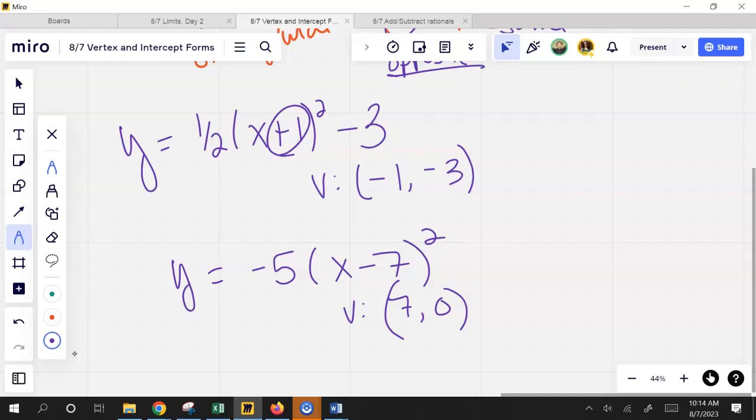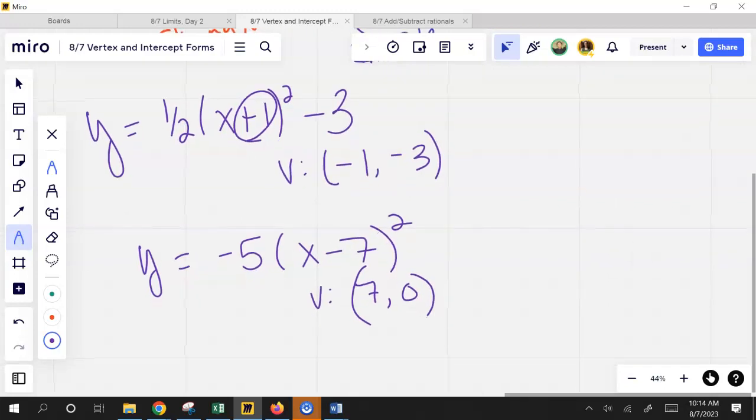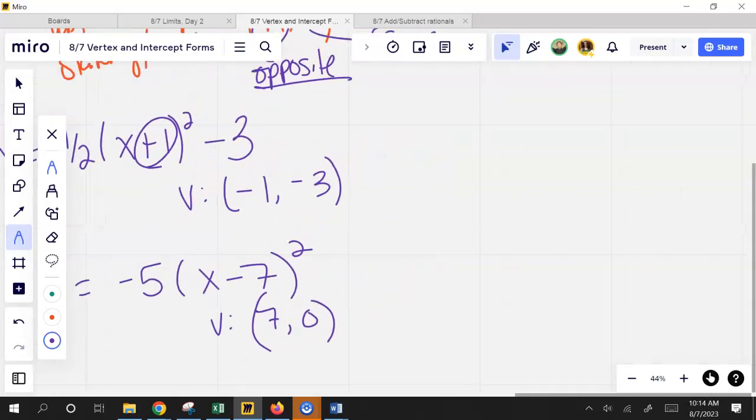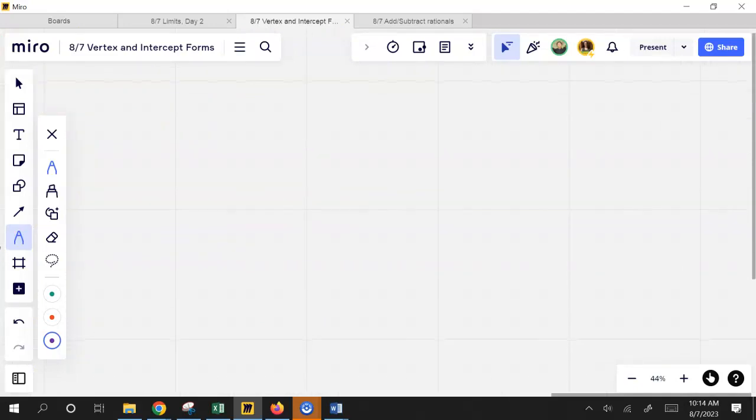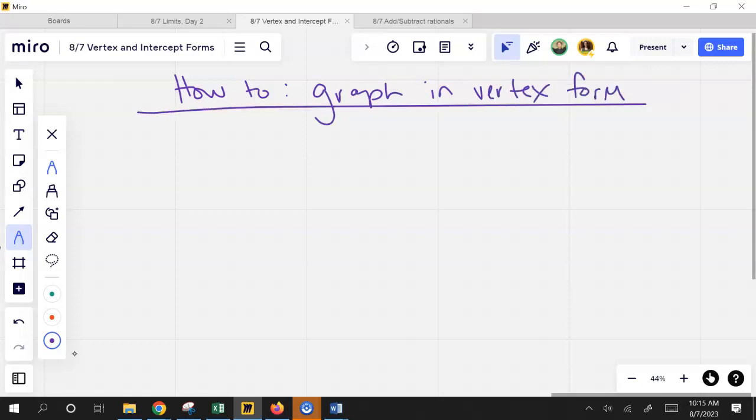Did you like the steps or not? The steps, an example, or not? Yeah. Everybody, can I scroll? How to. All right, let's do steps.